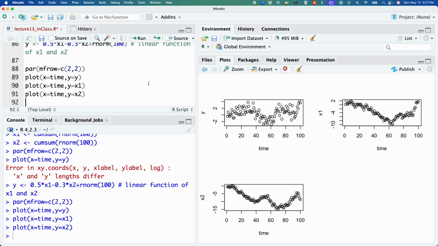Statistical properties like your mean and variance staying constant, which is necessary for many modeling assumptions, get violated. And so there's an important concept called stationarity.